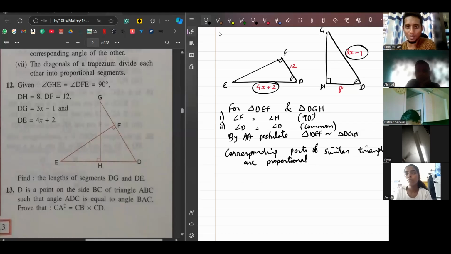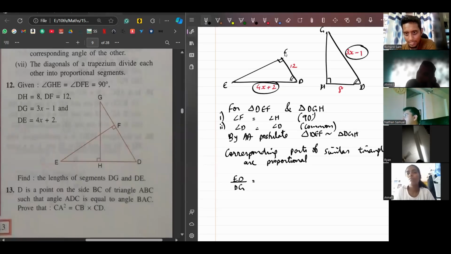So which are the corresponding sides now? Okay. ED, I'll tell you, is on the left side triangle. You tell me which is its corresponding side on the right side triangle. ED is corresponding to which side? GD. How do we know that? Because both are hypotenuse, right? So ED for this triangle is corresponding to DG on the second triangle.